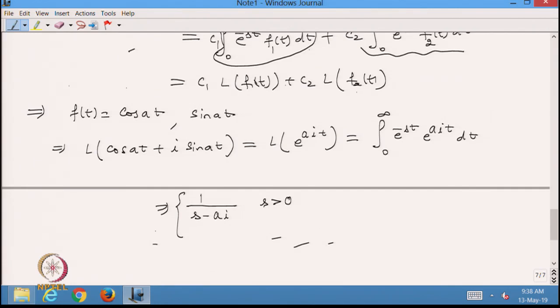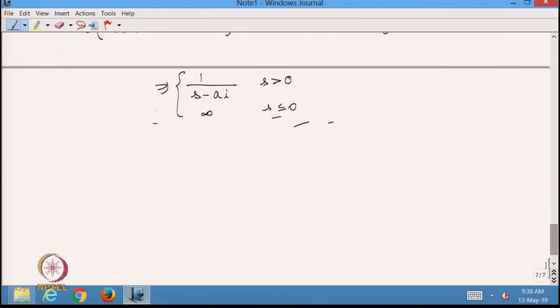So, it is 0, and this is infinity when s is less than or equal to 0, because ai is just the imaginary number.